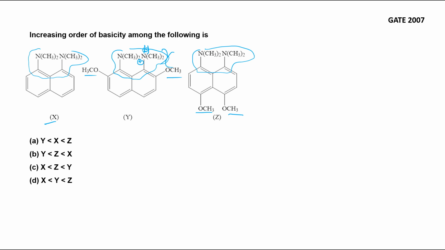So just because of this steric reason, capturing H plus will be difficult. That is why ultimately Y will be minimum basic. And among X and Z, obviously because of the presence of the OCH3 group at the 4 position with respect to the NMe2 group, it will show more basicity. So Z first, X and then Y. Option A.